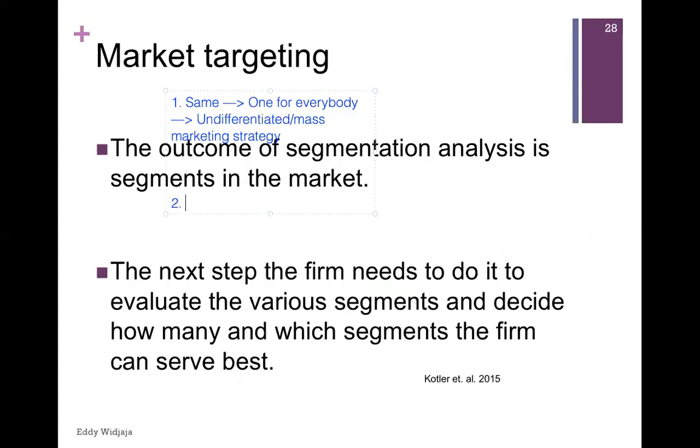The next one is the opposite of this perspective. It basically views the customers as different. All customers are different. Therefore, we need to customize our offering. This leads us to what we call micro marketing.